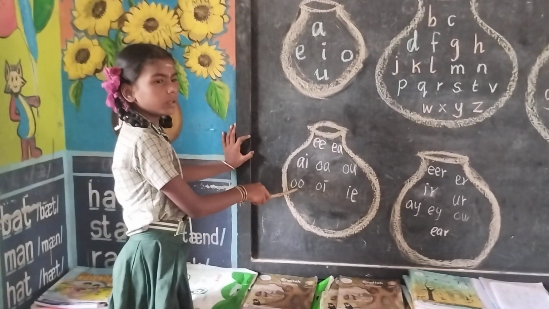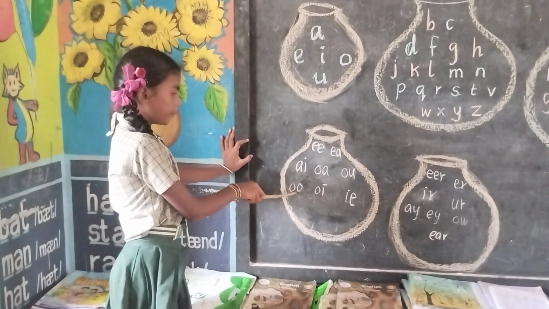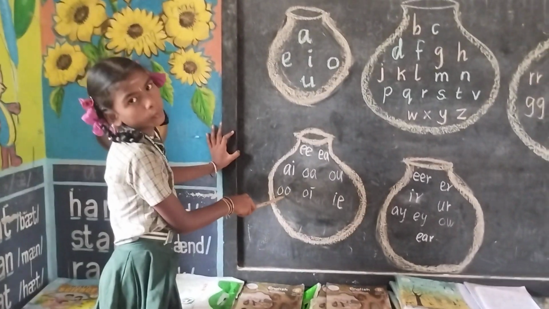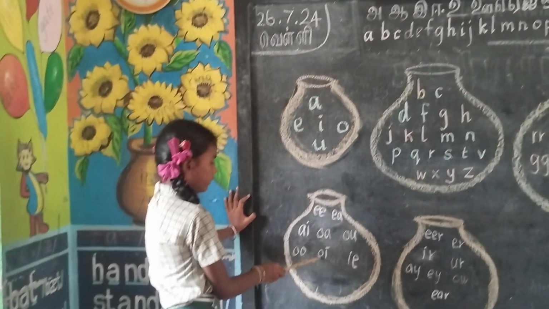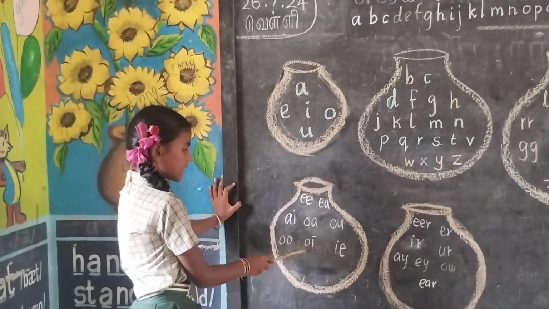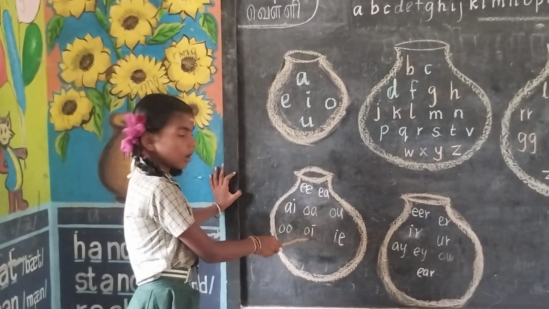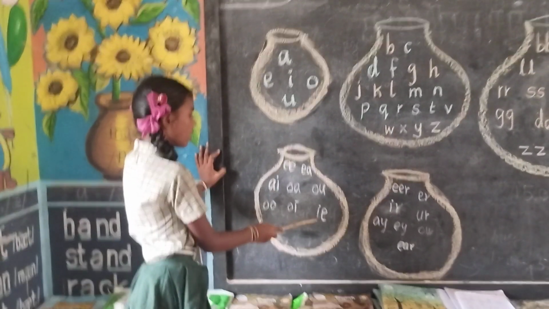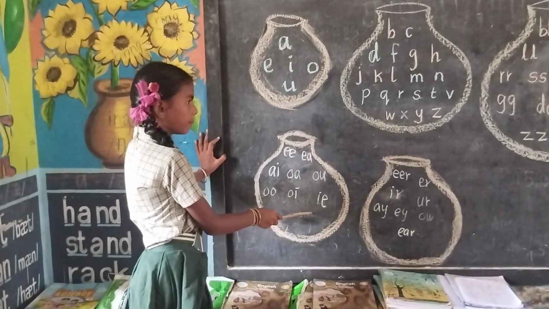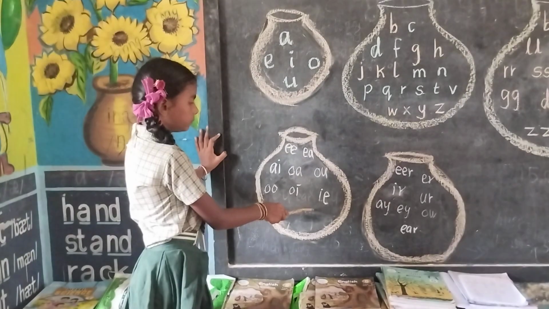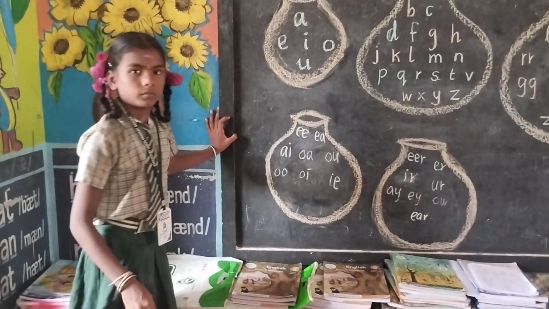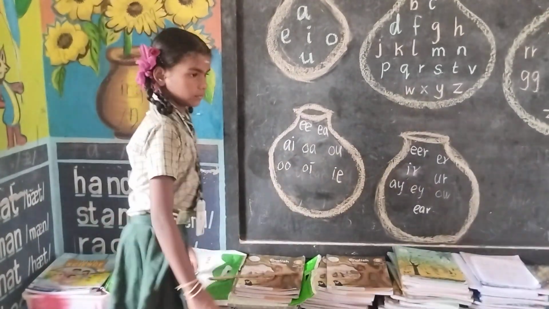For example, book. The letters OI as the sound: oil, coil. Good. The letters IE as the sound E. For example, chief. Good. Next.